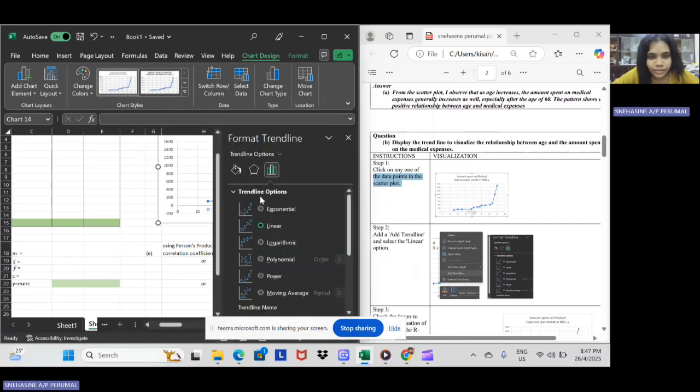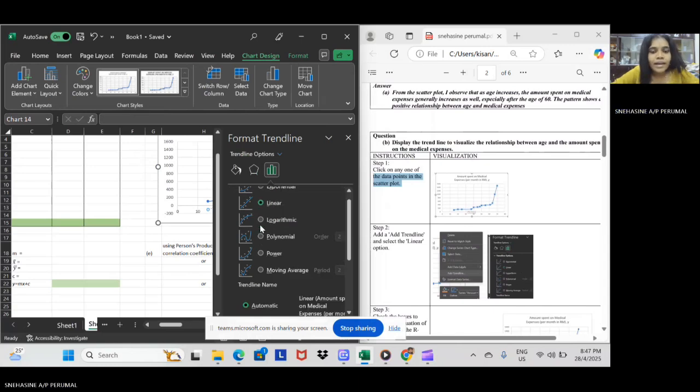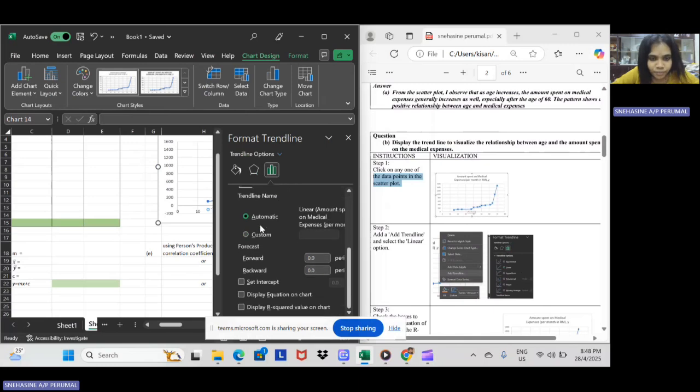After that, it will show the format trendline. There are a lot of options in trendline. You have to pick the linear and then go down and pick display equation on the chart and display R squared value on the chart.